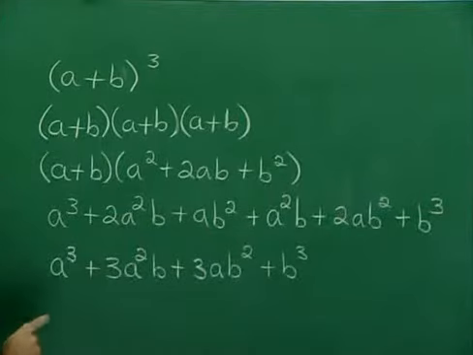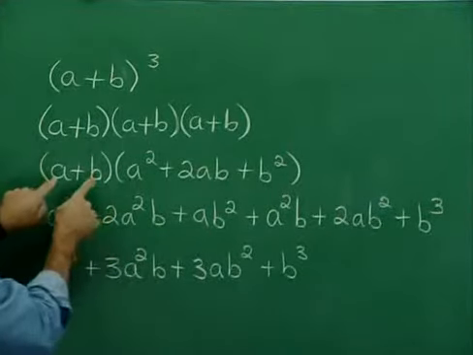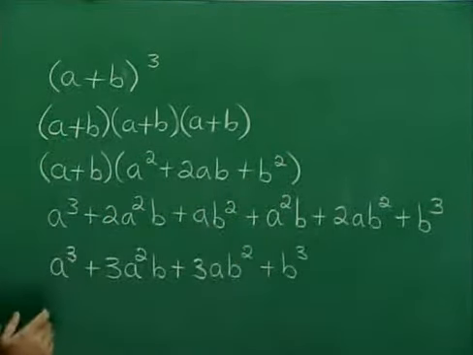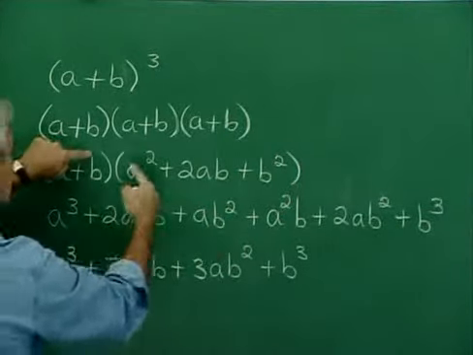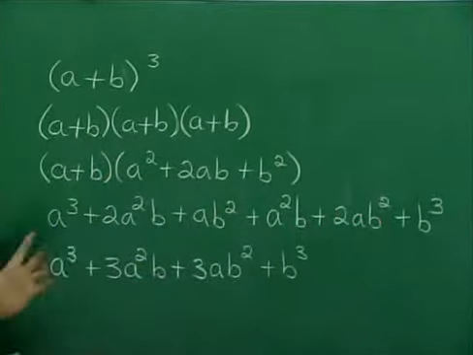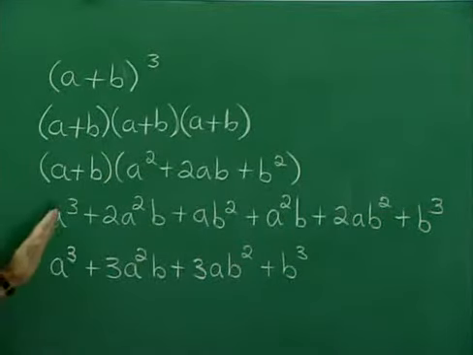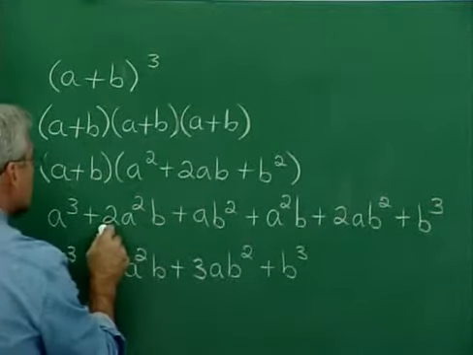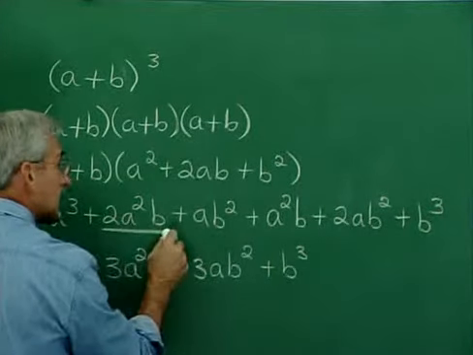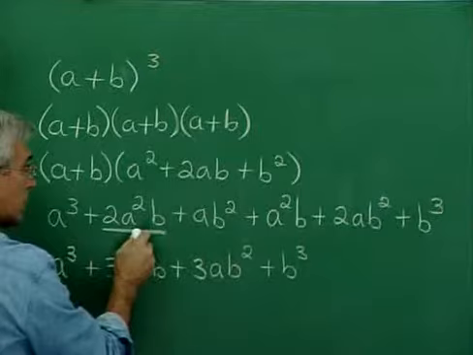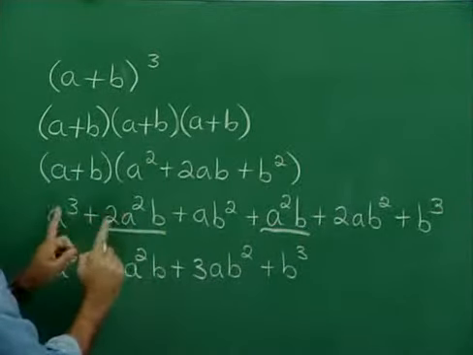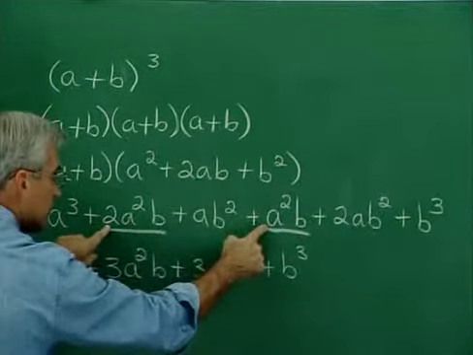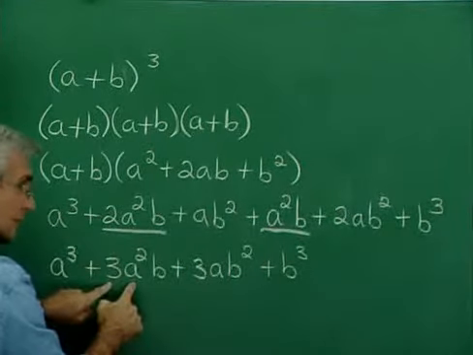Now, I'm just multiplying each of these two terms times every term over here. So A times all of that would be these 3 terms. B times all of that, the last 3 terms. Let's bring together the like terms. We only have one A cubed term. Then we have a term that is A squared B. You see this contains A squared B, and this one contains A squared B. Collecting coefficients, 2 plus an understood 1 would give us 3 of these A squared B terms.